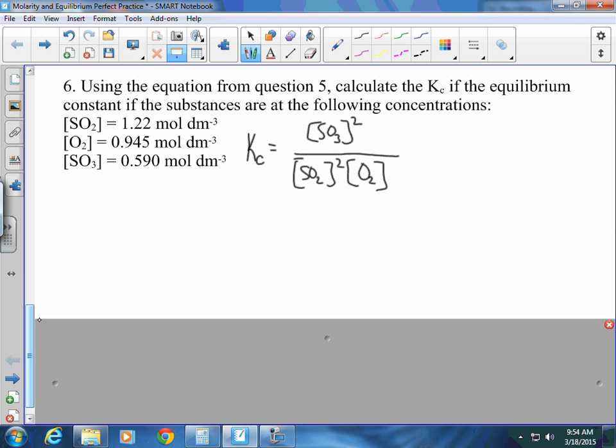Okay, so plugging in our numbers. The first value here, SO3, is the bottom number.